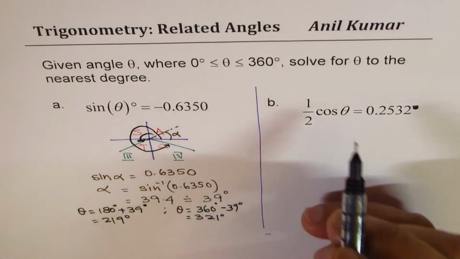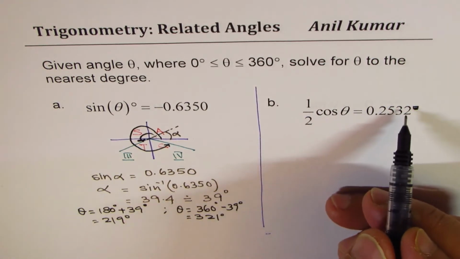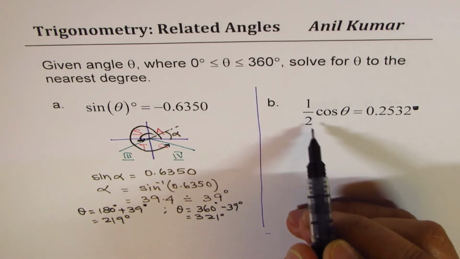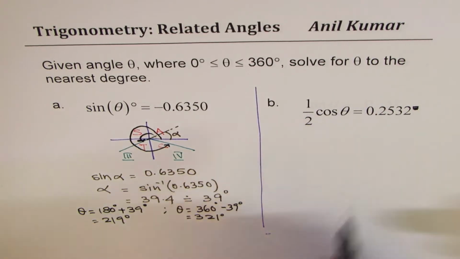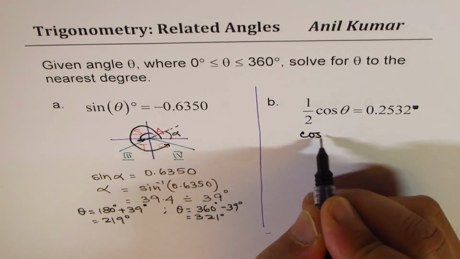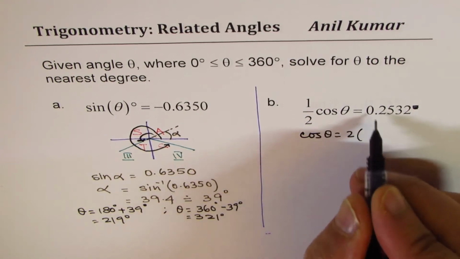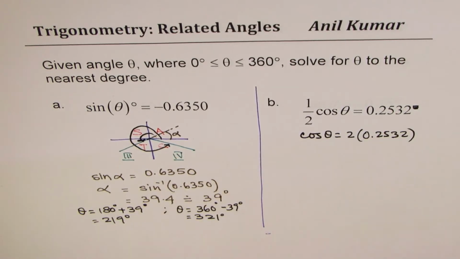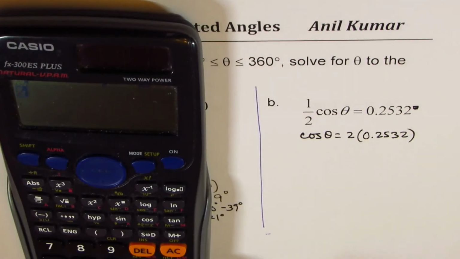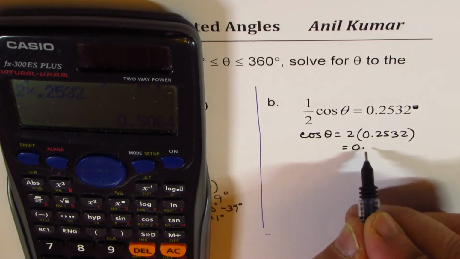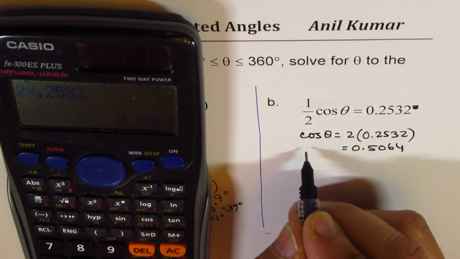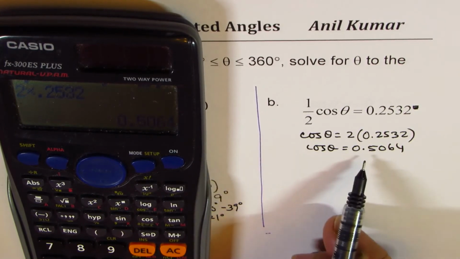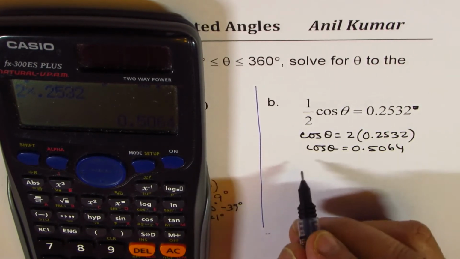It should not be degrees here. We're talking about an angle in degrees, correct? So what we are given here is half of cosine theta is some value. That means cos theta is 2 times this value, which is 0.2532. So let's figure out how much it is. 2 times 0.2532 gives us, in decimals, 0.5064, correct? So cos theta is equal to 0.5064.